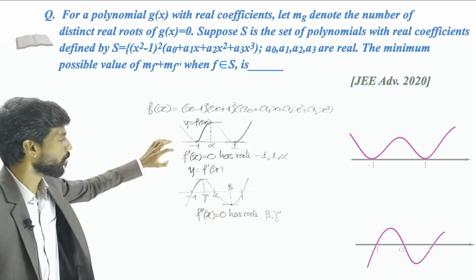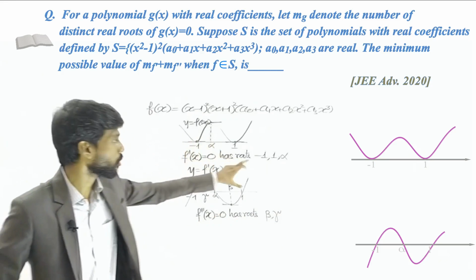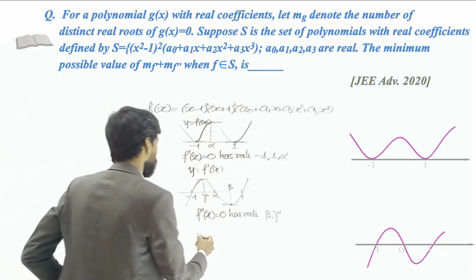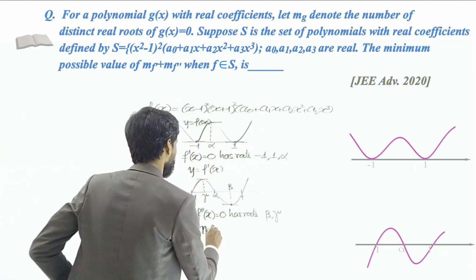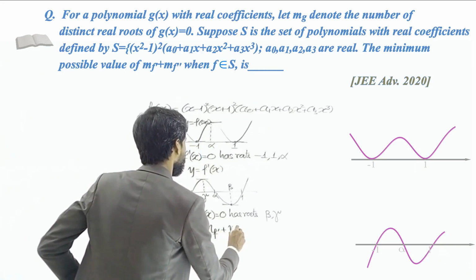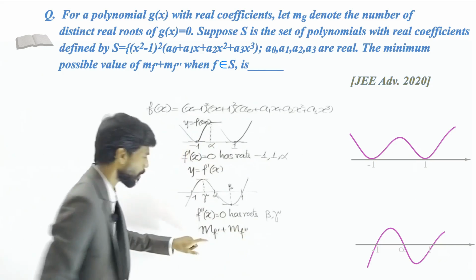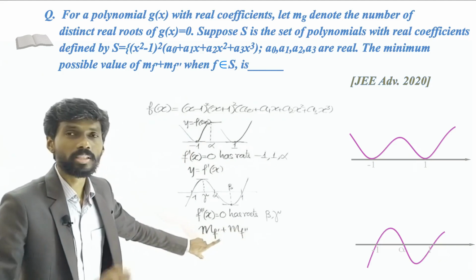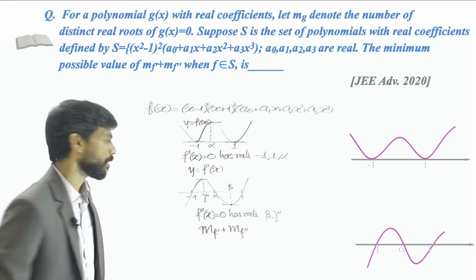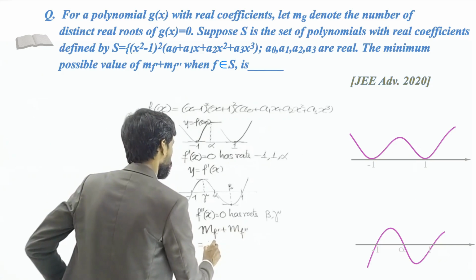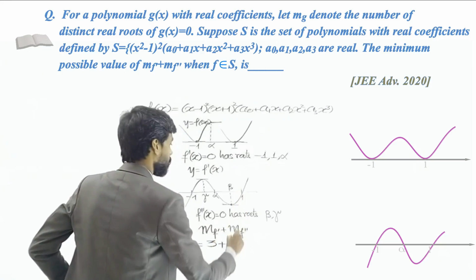Similarly, the minimum number of roots of the equation f dash of x equals 0 is 3. So that is what is denoted by the symbol mf dash plus mf double dash, right? This is the number of roots of f dash x equal to 0, and similarly for the second derivative. So this has minimum value 3 and this has minimum value 2.